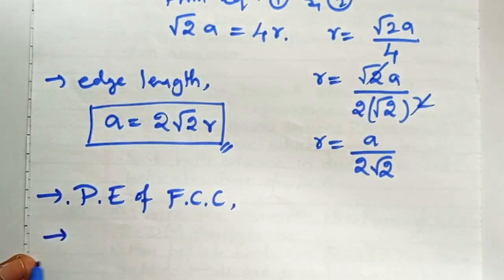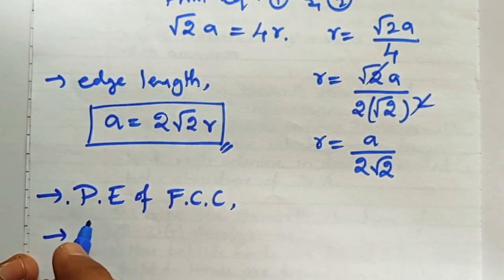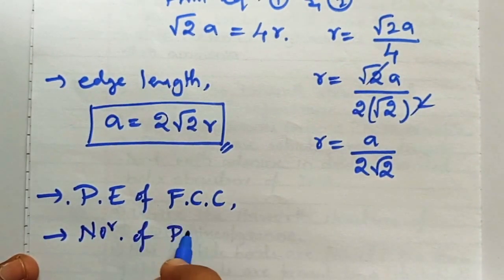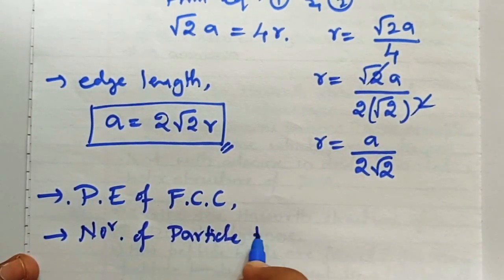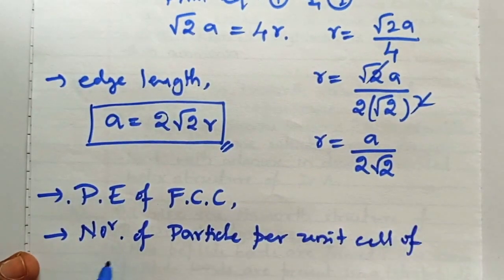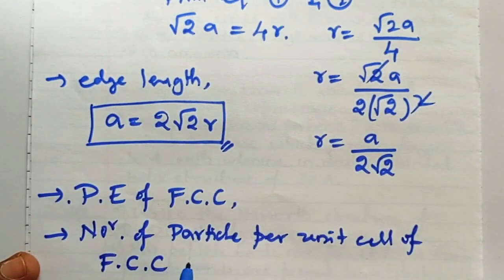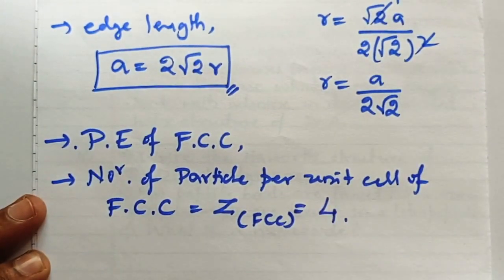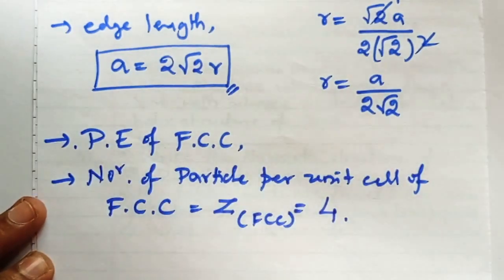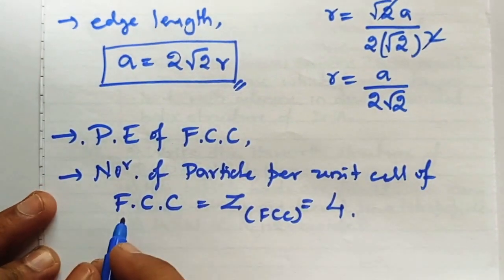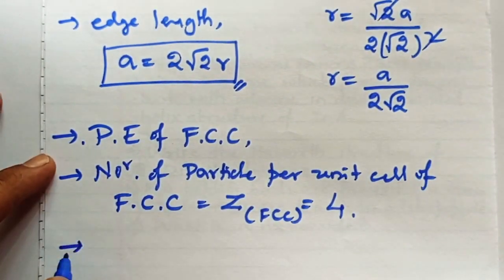Before going to this, the number of particles per unit cell of a face-centered cubic lattice, that is Z for FCC, is 4. So then we can calculate the packing efficiency of the face-centered cubic lattice. Substitute the values.